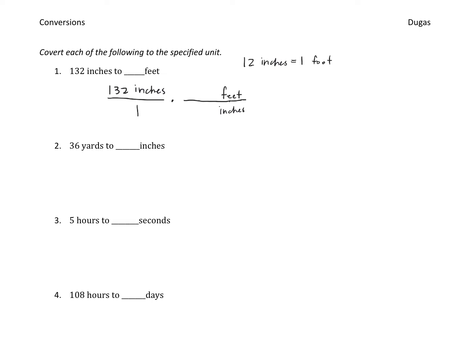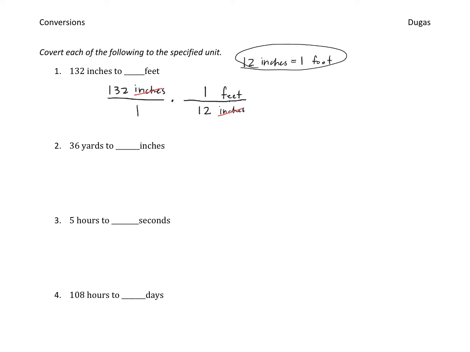We're going to use our measurement that we know: 1 foot is equal to 12 inches. If we multiply in that way, these units cancel and it will leave feet, which is exactly what we want. We want to know how many feet there are in 132 inches.